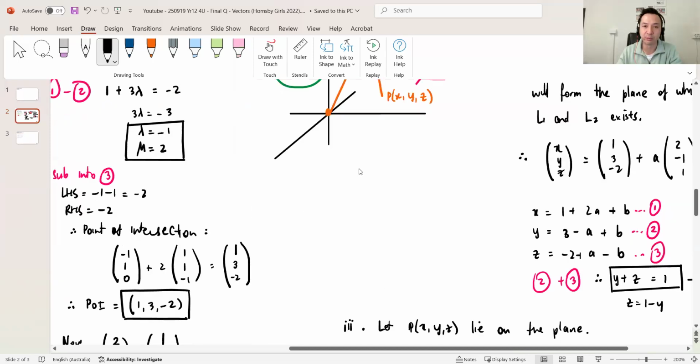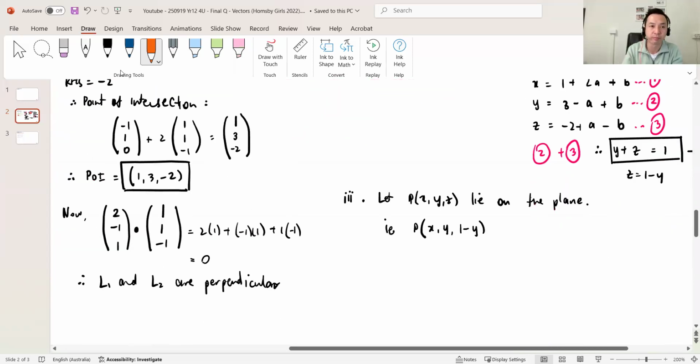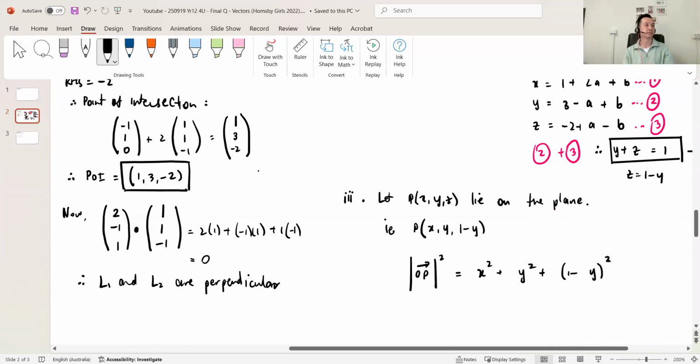Now, if I wanted to find an expression for the distance, the magnitude of OP, let's do OP squared, because I want to get rid of the square root. OP squared, so it's Pythagoras: x squared plus y squared plus (1 minus y) squared.